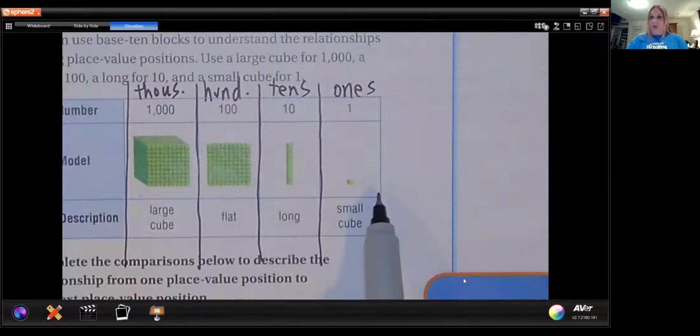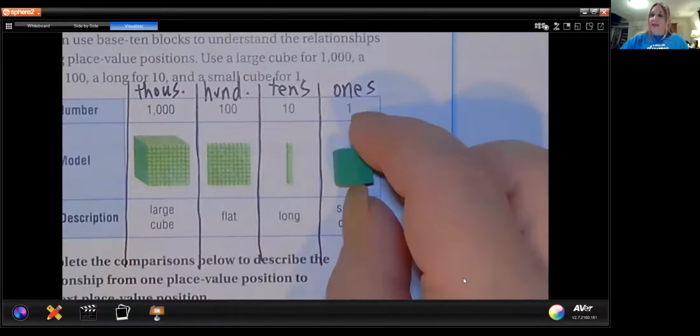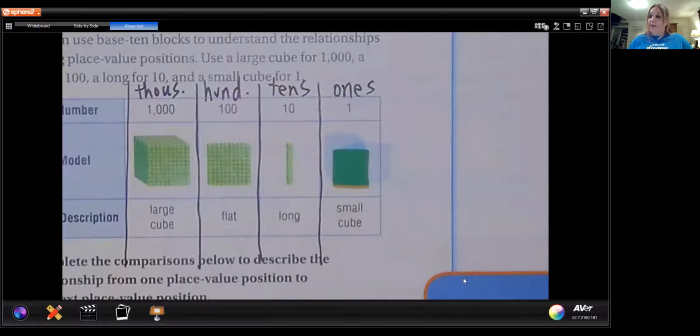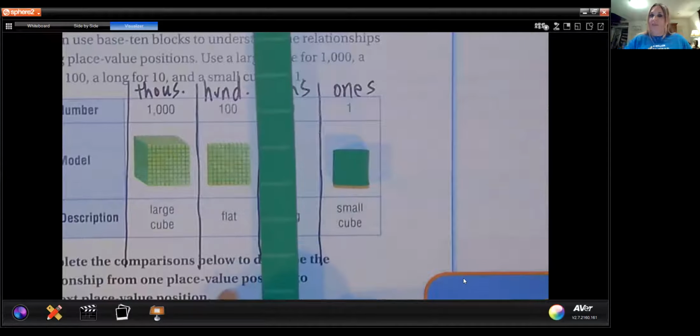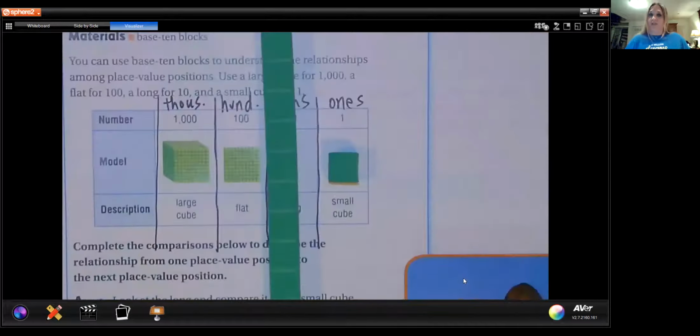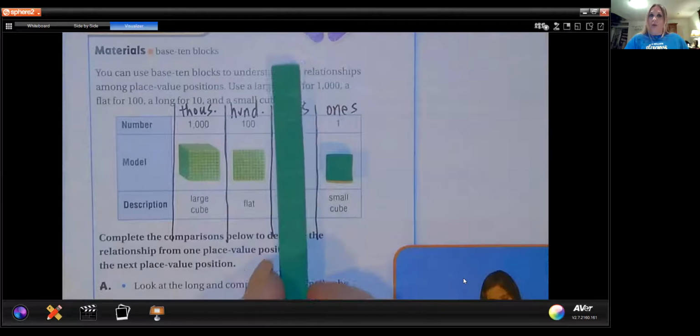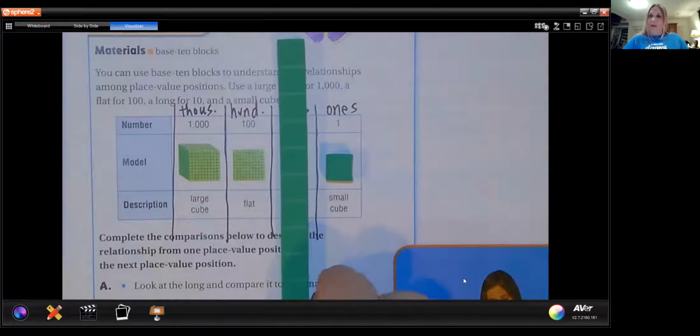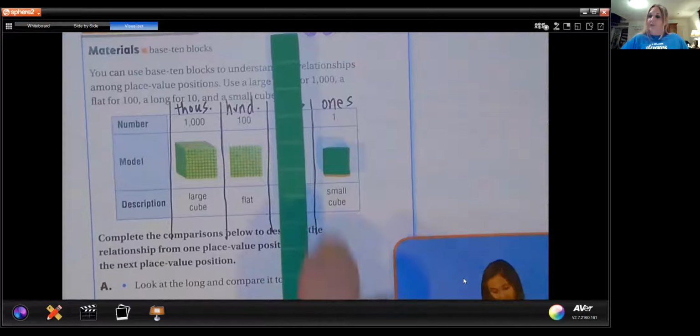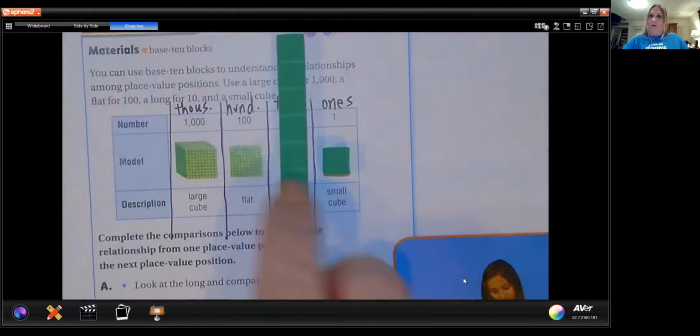We're going to start with a small cube, and these little guys represent the number 1. Next, you'll see something called a long. In place value, these green guys are called longs. Do you notice something that's similar between a small cube and a long?